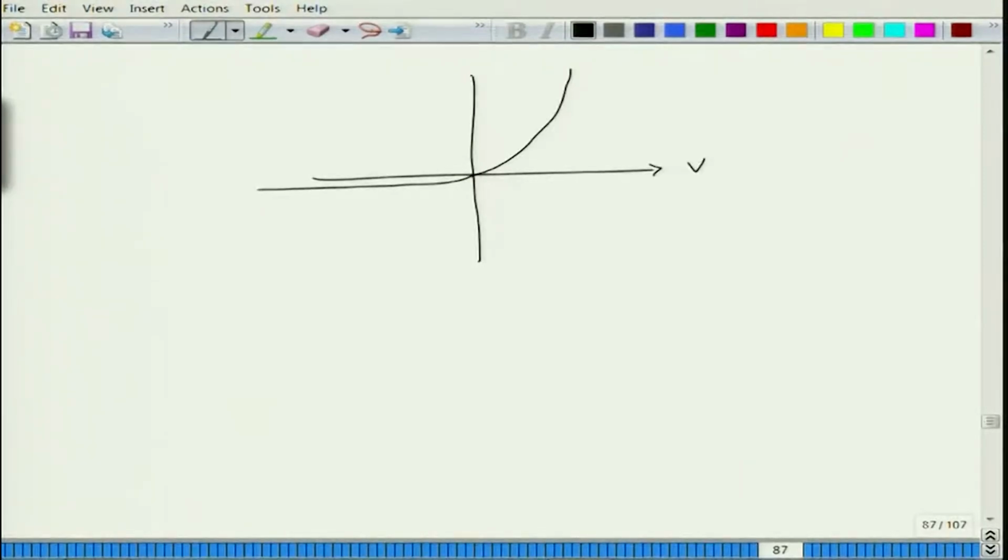This is the positive V and this is the positive I direction. Now, due to light, what will happen? This whole thing will be shifted downwards for any bias. You see that everywhere it is shifted downward and they will be parallel to each other.